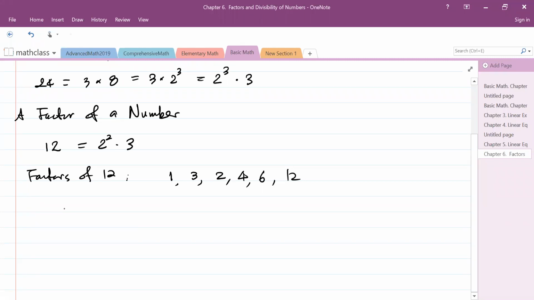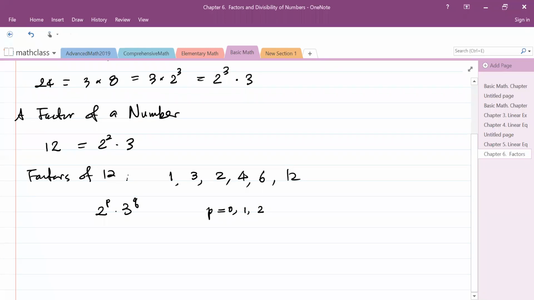A factor of 12 can be written in the form 2 to the p and 3 to the q. This is a factor in the general form. Now, what are the possibilities for p? P could be 0, 1, or 2, but it cannot be larger than 2, because otherwise 2 cubed cannot be a factor of 12.